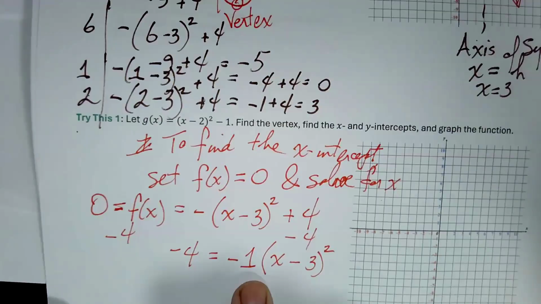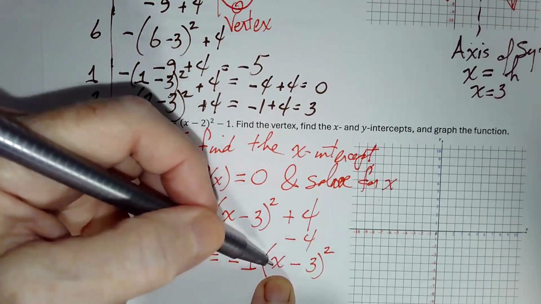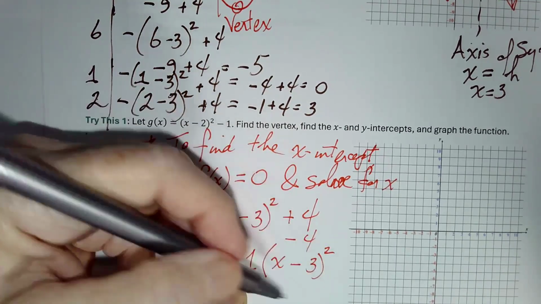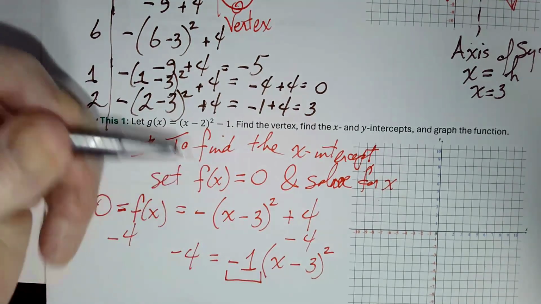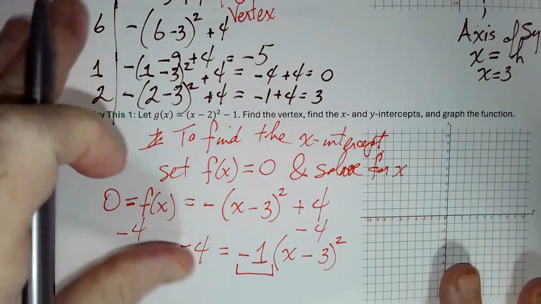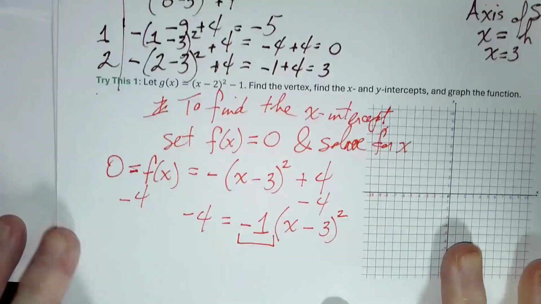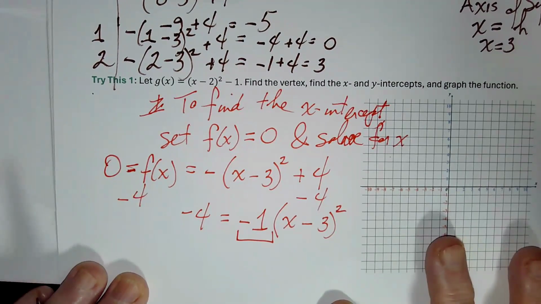And now I don't want anything out front. I want to try to get to x. The first step of getting to x is dividing out anything in front of the parentheses. So what can we divide both sides by? By -1?